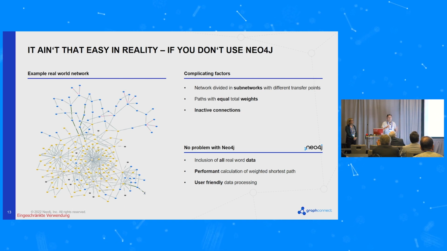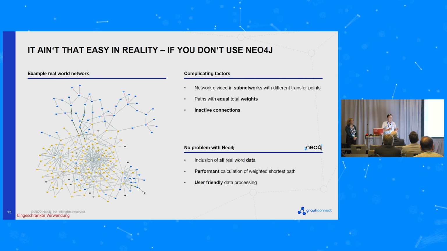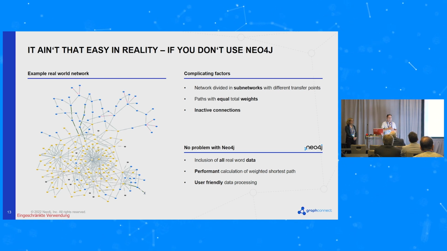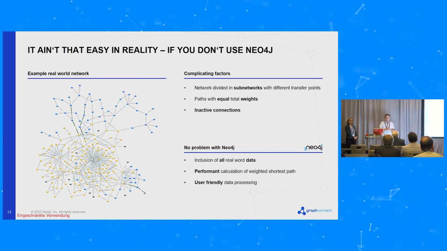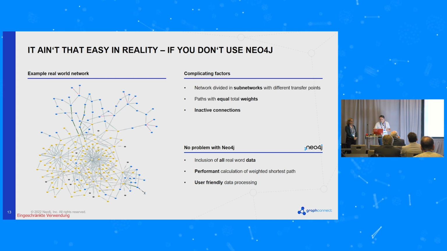You have different sub-networks, gateways. Sometimes the weights in sub-networks are equal, load sharing. And all this, thanks to the graph database, was possible to build in our project in about 1.5 years.